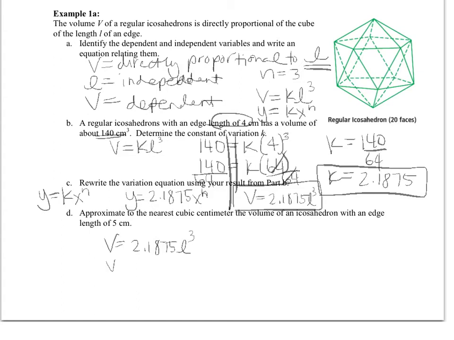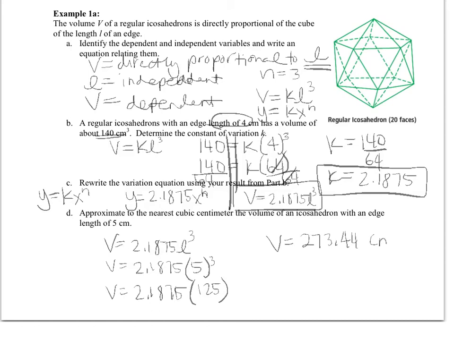We're trying to find the volume, and we have a length of 5 centimeters. 5 cubed is 125 because we have to do our exponents first. So volume equals 2.1875 times 125 is 273.44 cubic centimeters.